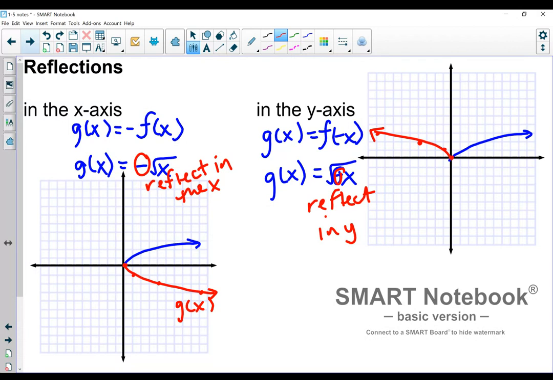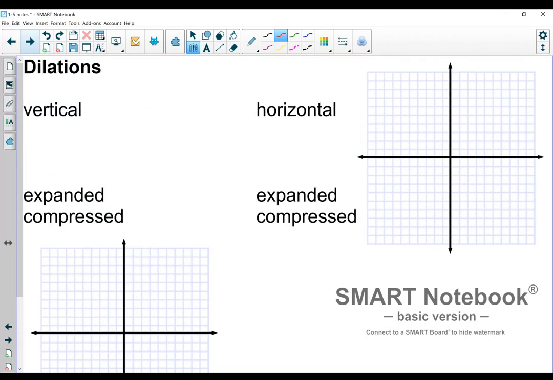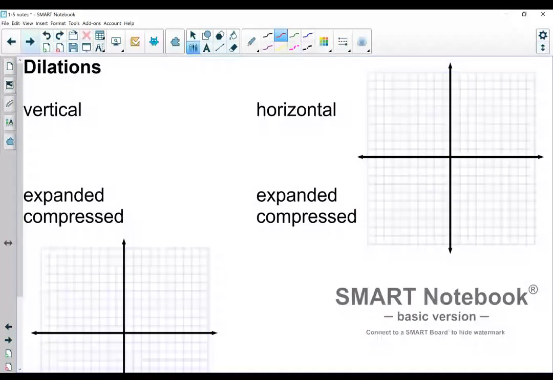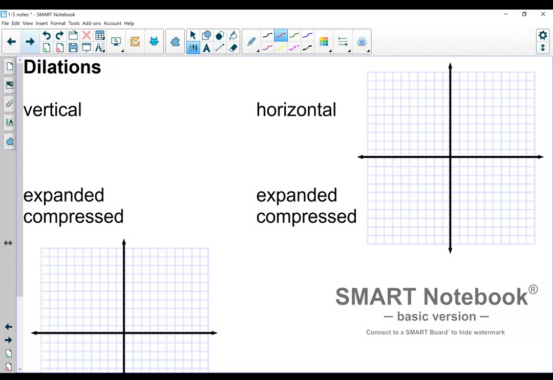So that's reflections. Next page, we're going to look at dilations. So for dilations, it's when we're stretching or shrinking that is going on. So if I am looking at a vertical dilation, that would be when I have the a being multiplied on the outside of that function.